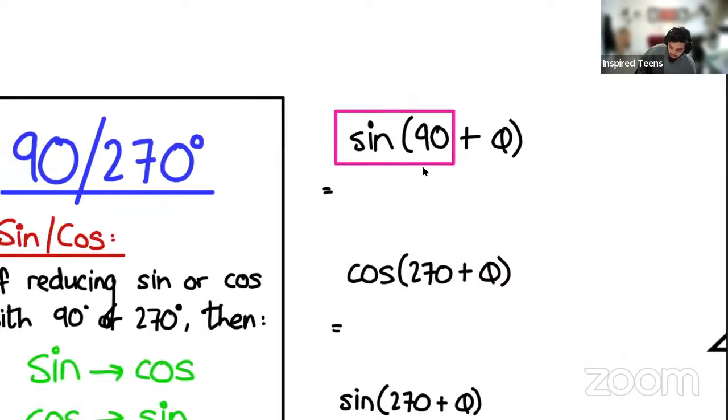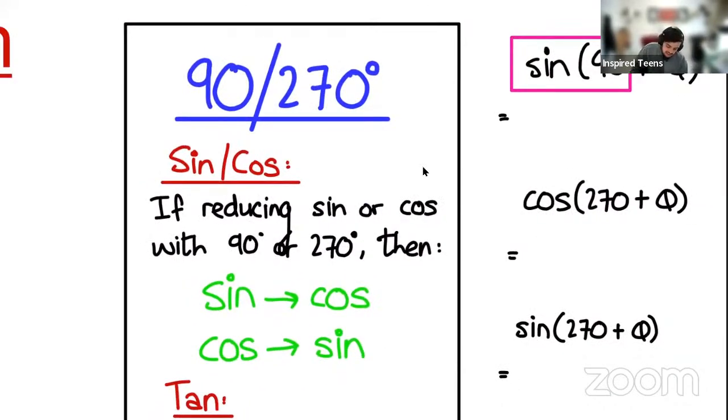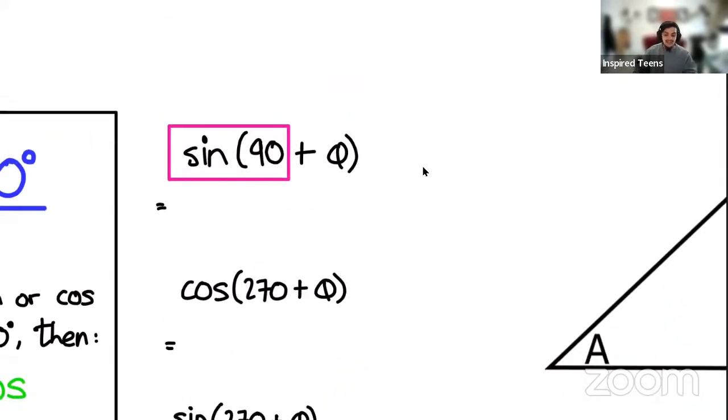That's the first thing we should know. And we remember that when working with sine or cos and 90 or 270, if reducing sine or cos with 90 or 270, then sine changes to cos and cos changes to sine. So let's do a practical example of how that works. So that's the first thing we should notice, sine 90, and understand the ruling behind it.